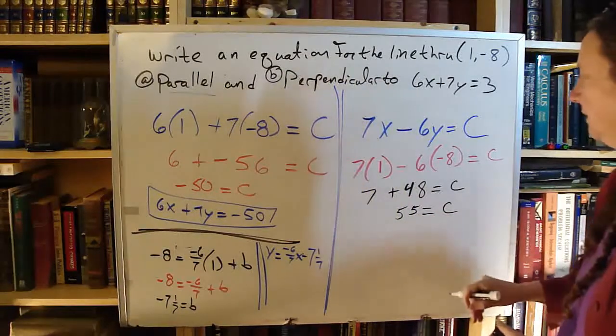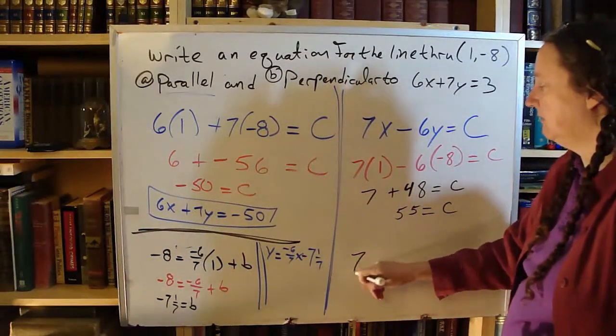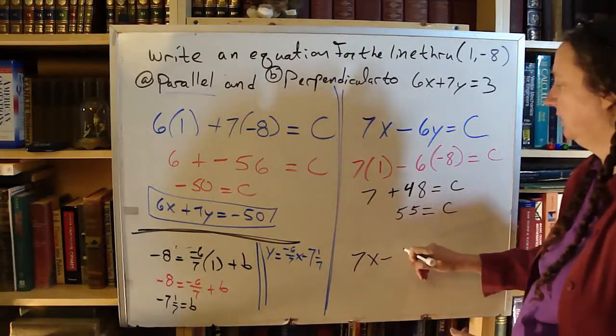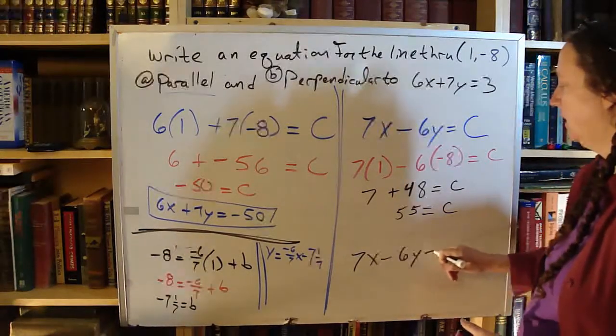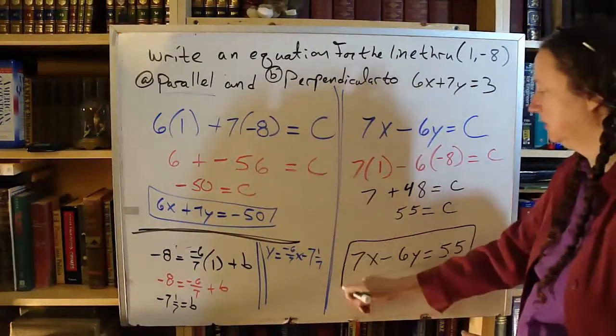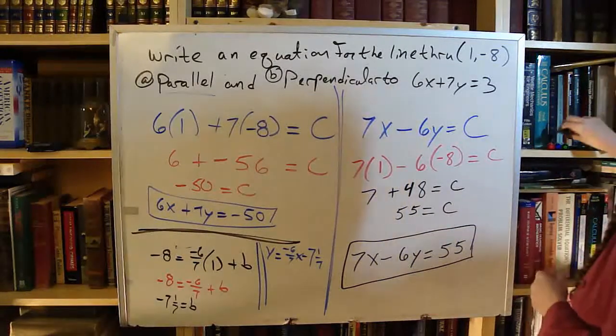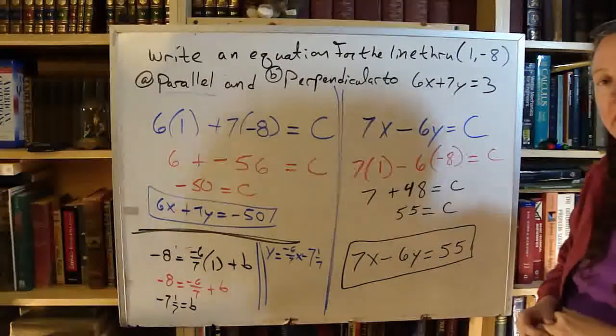So now I have C, and I can rewrite my equation: 7x minus 6y equals 55. And that is the end of that problem.